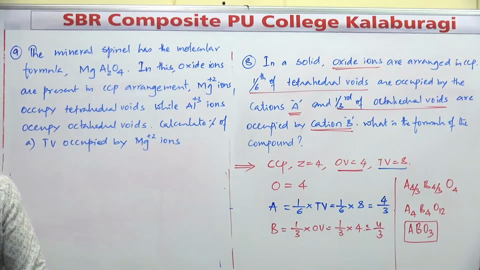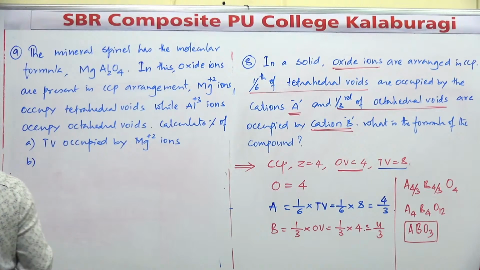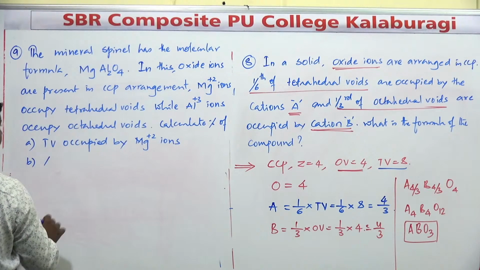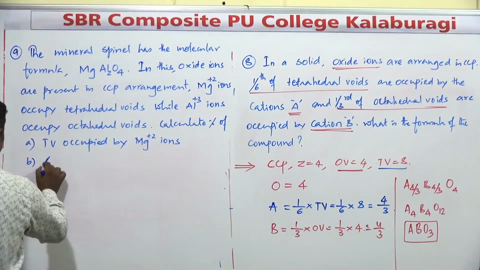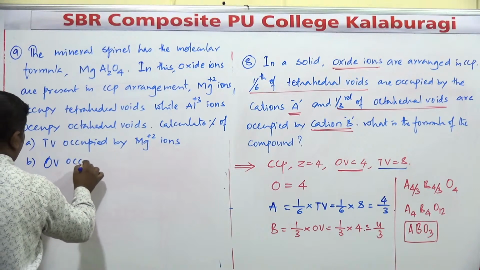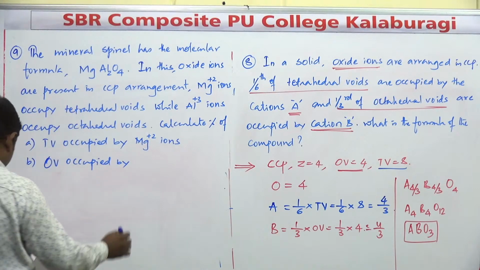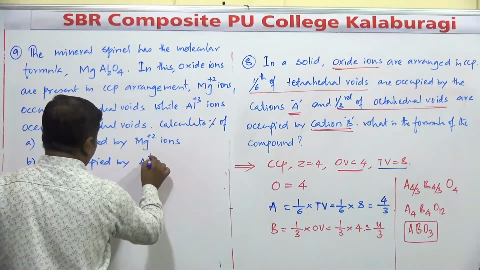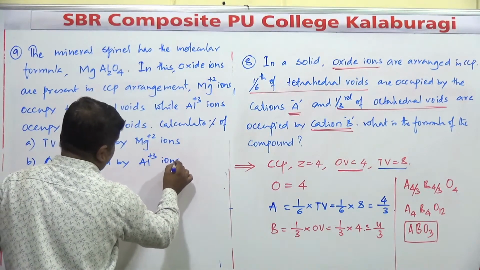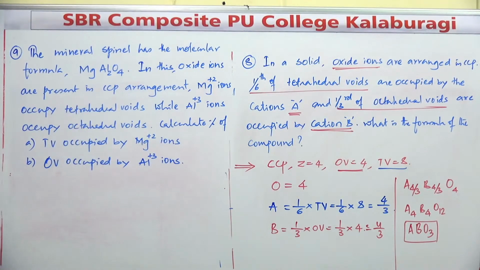Second one, the percentage of octahedral void occupied by Al plus 3 ions.